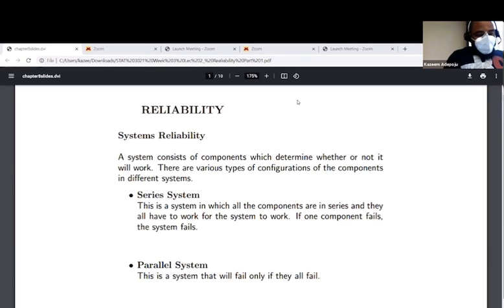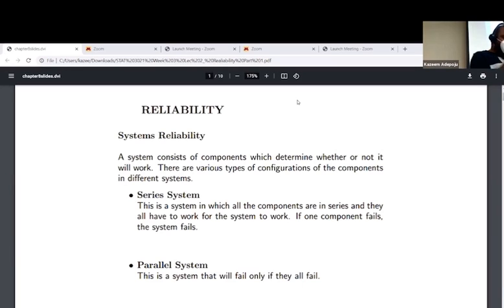But look at a situation whereby I got a spare tire, which means I got a backup. The tire I have in my car is parallel to the one the car is using currently. When I talk about parallel connection, the only condition under which the system is going to fail is if all the components fail. If all the components fail, then the system will fail.